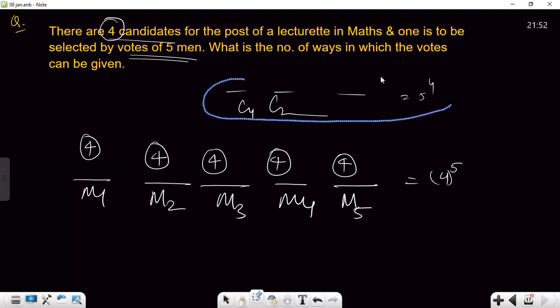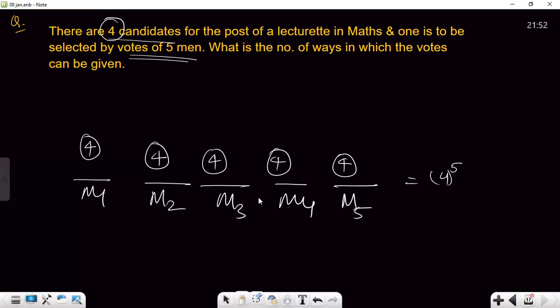Okay, so you have to consider a thing, note it down: a fixed event is going to occupy places, is going to become places. That's a grammatically incorrect sounding statement, but you may understand what I mean by a fixed event.